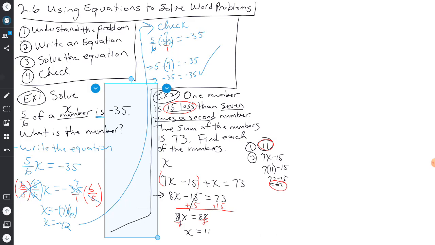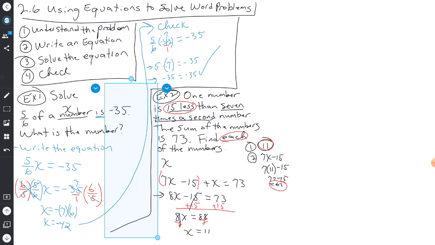What do you have on the side over there? At the check? This over here. Well, in the end, they ask us to find each of the numbers. So we found that x was 11. Right. And then for the other number, because we're talking about one number and the second number, the second number was the 7x minus 15.